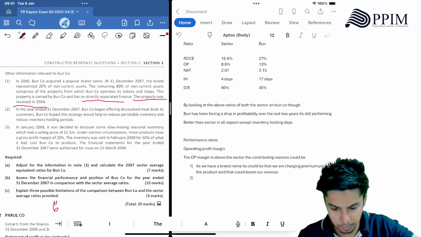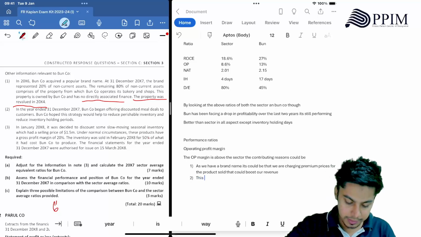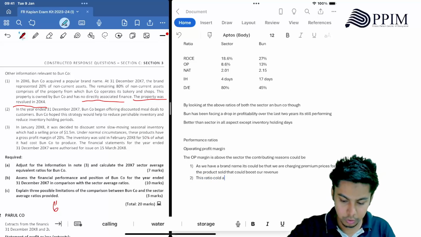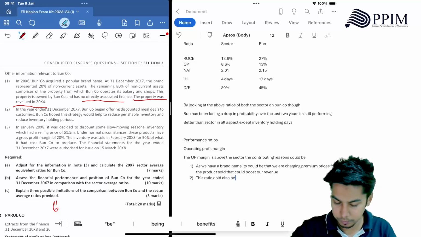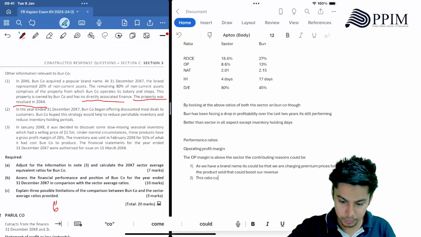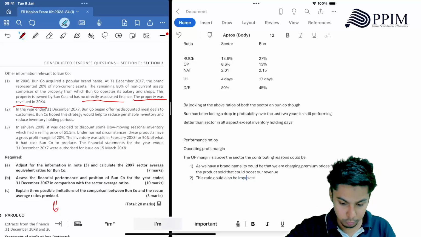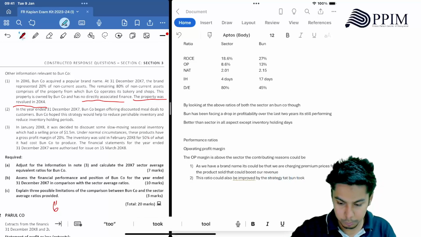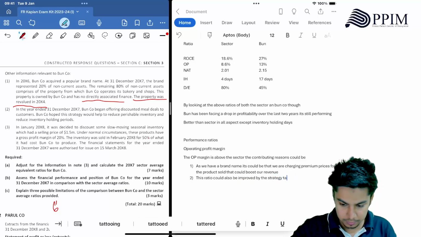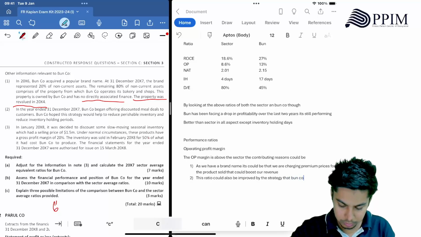Second one, this ratio could also be improved by the strategy that one corporation took.